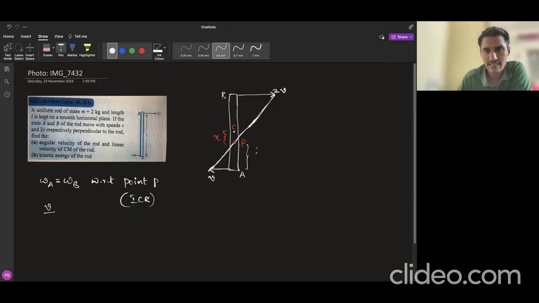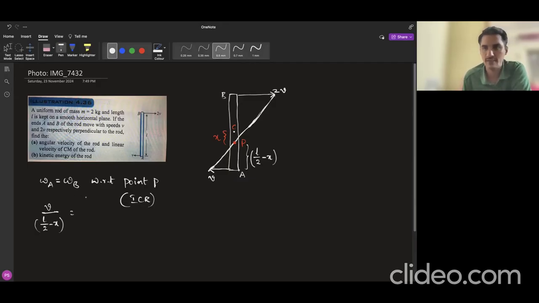I can write it as L by 2 minus X, because the whole length is L, from the center to end A is L by 2, and X distance we have already taken. So L by 2 minus X is the total distance from A to point P. So V by L by 2 minus X is equal to omega B.